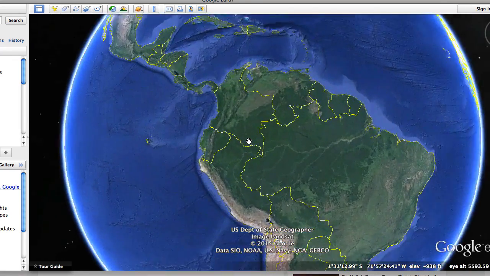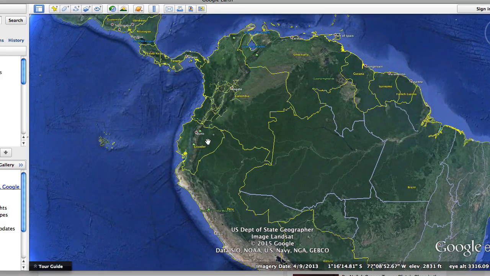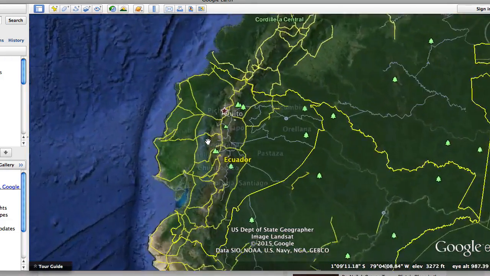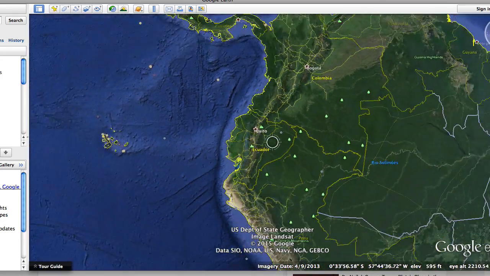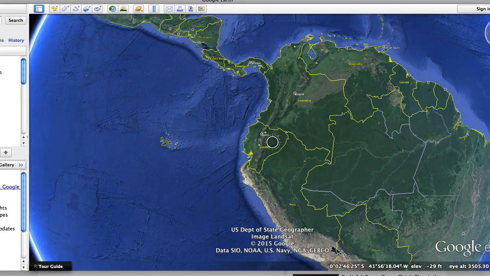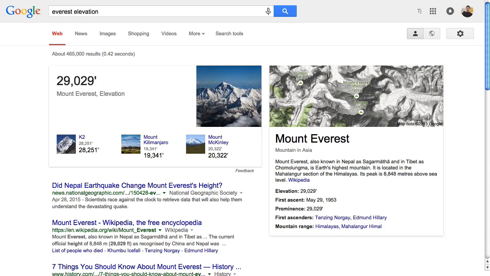Ecuador is right here. There's this mountain here, which is Chimborazo or something like that. And what this means is that, and we're going to see this in a little bit, that Mount Everest, and this is going back to a play on words, the illusions, they try to change what we can see and experience and know.